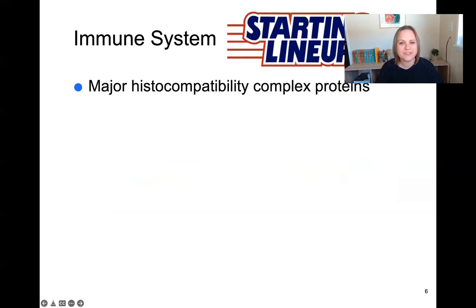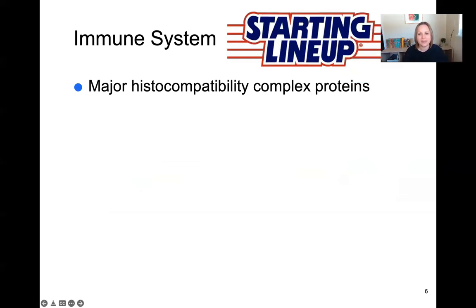Okay, I want to introduce you here to our immune system starting lineup. The body has an incredible system that helps to regulate attacks against foreign invaders. So the major histocompatibility complex proteins, MHC1 and MHC2.